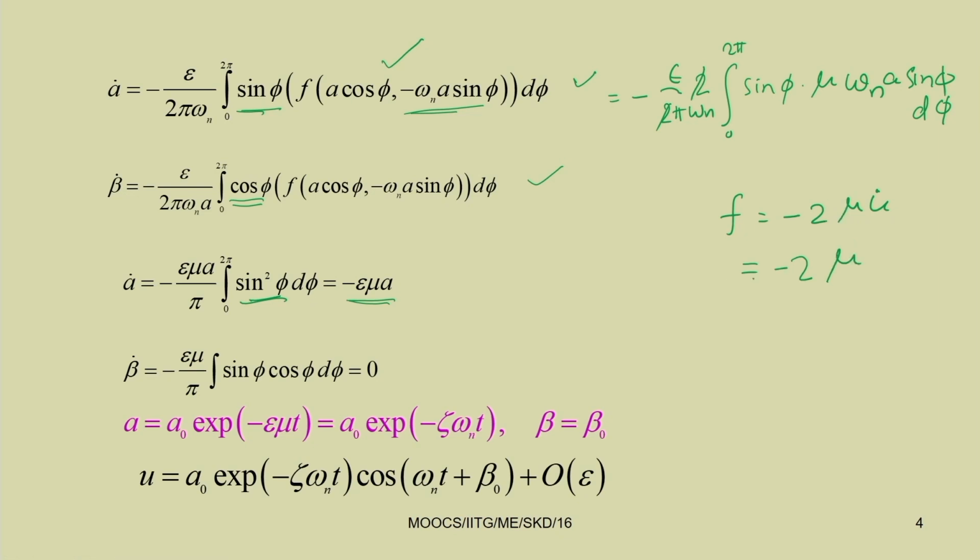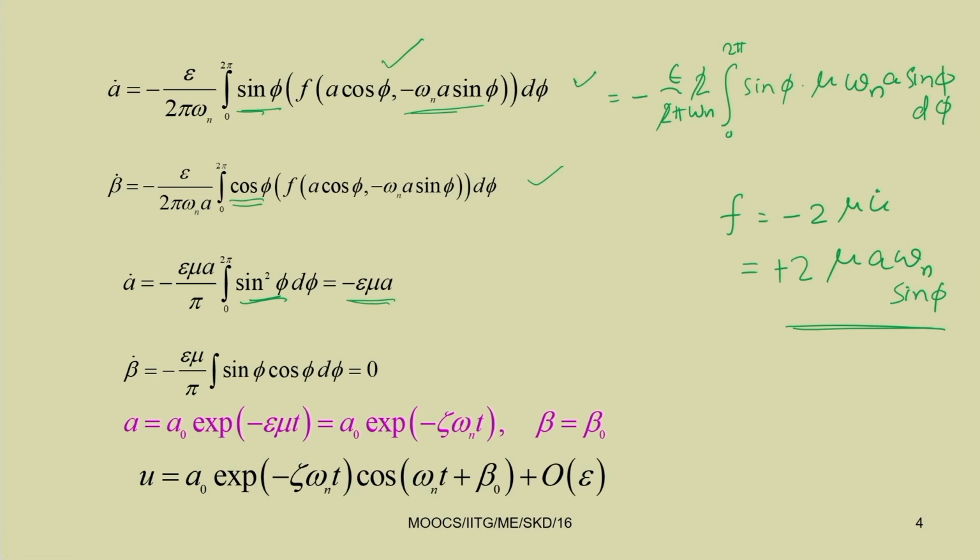For u dot it is equal to minus plus A omega n sin phi. So, this is the thing we have to introduce in this beta dot. So, the integration will be minus epsilon mu by pi integration sin phi into cos phi d phi.